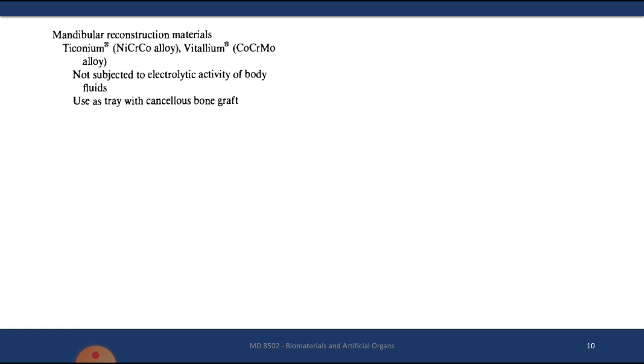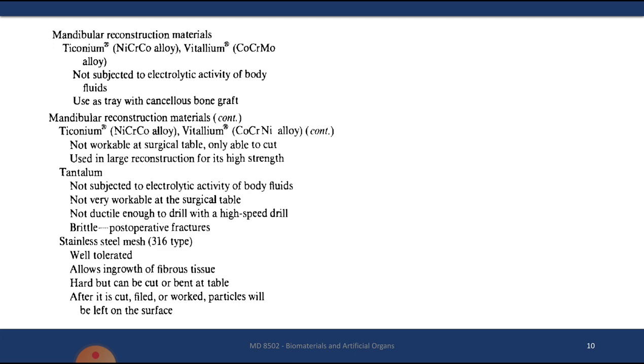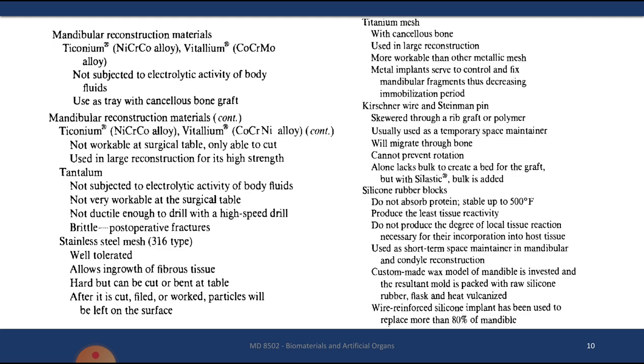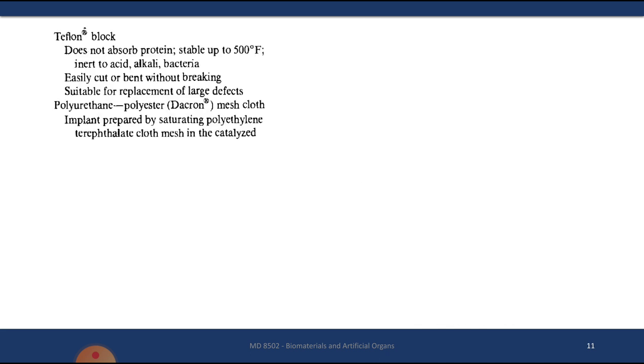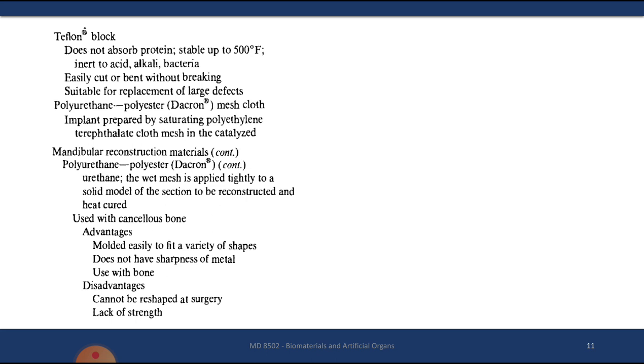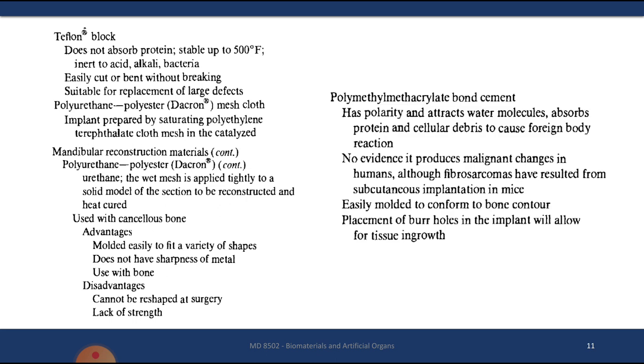And there is mandibular reconstruction material which includes zirconium, tantalum, stainless steel mesh, titanium mesh, and then silicone rubber blocks, Teflon block, polyurethane polyester, and then some advantages and disadvantages of these materials. And then there is also PMMA bone cement. All these things are used for mandibular reconstruction.